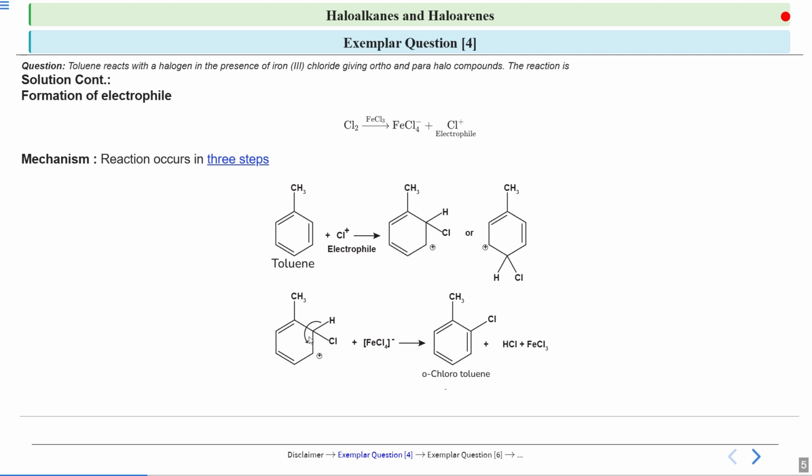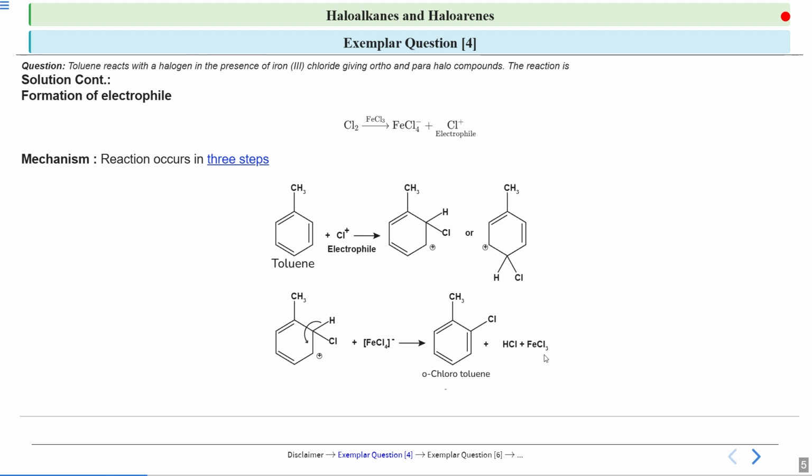This hydrogen, after donating its bonding electron pair to this carbon for the stabilization of the ring, will be removed from here, and this carbocation, after the reaction with FeCl4 negative, gives us ortho substituted chlorotoluene. So at the ortho position, after the stabilization of this carbocation, you will get orthochlorotoluene as your product, where at the ortho position we have chlorine and at the first carbon we have CH3, plus HCl and FeCl3 are your byproducts in this process.